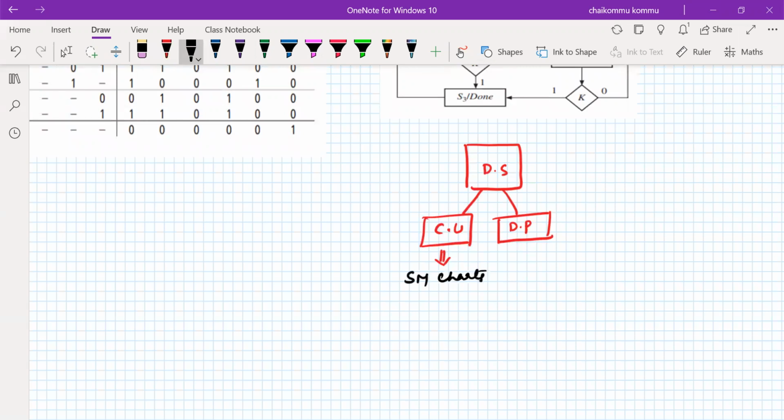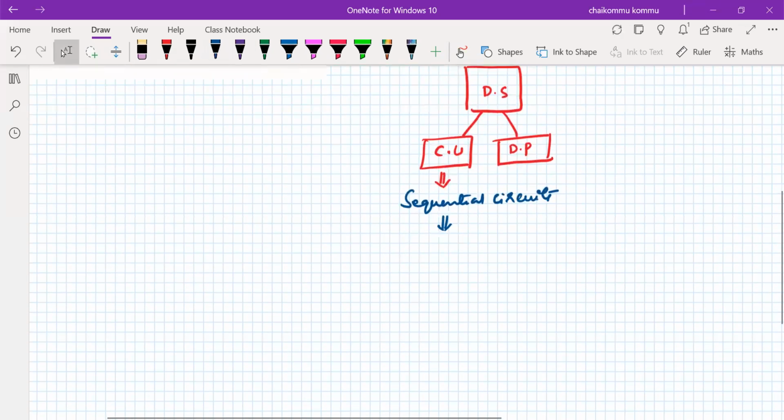Before going to this, we can simply say that it is actually a sequential circuit, which can be represented effectively by using the SM charts.